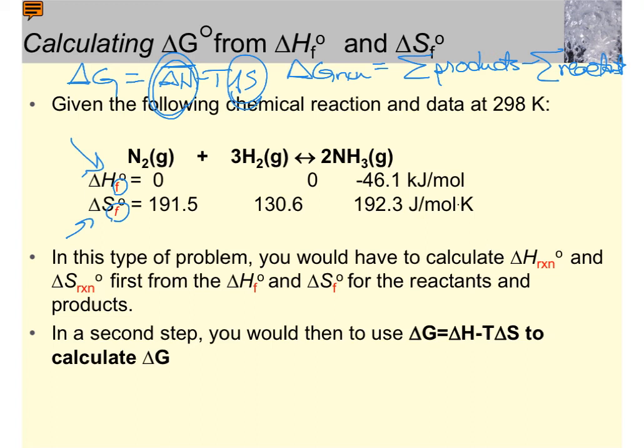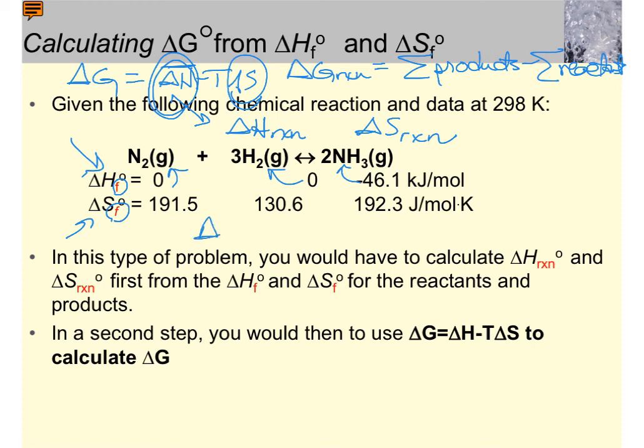In order to use this equation for free energy, you need delta H of reaction and delta S of reaction, okay, not formation. If you're given the formations for each of the reactants and products, that means it's a two-step calculation, all right?